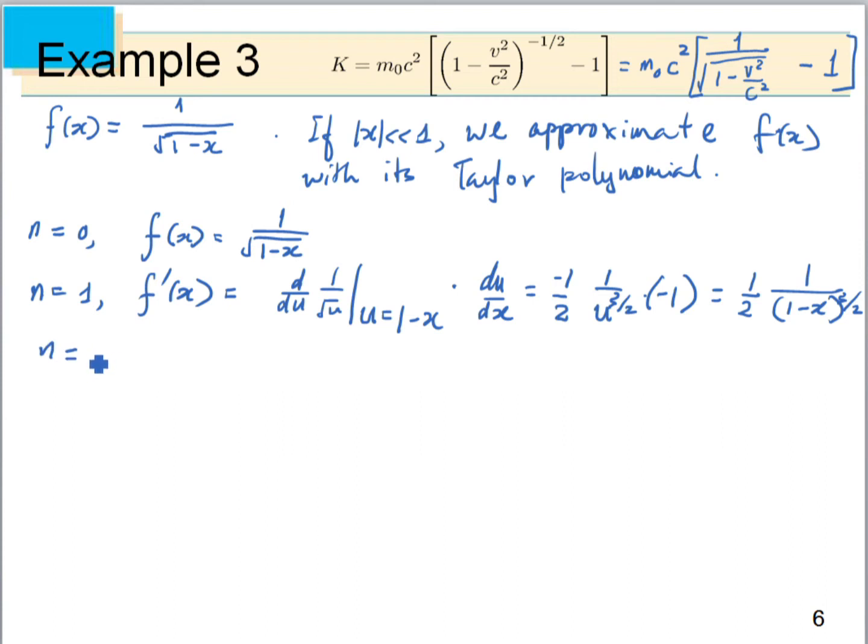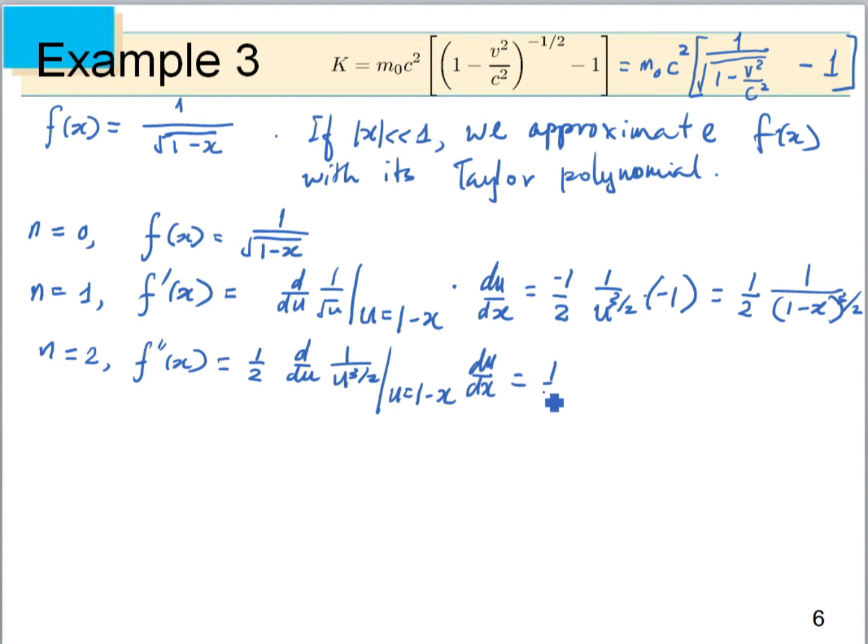接下来 n 等于 2，我要取 f 的第二次微分, so I need the second derivative of f. So I need to differentiate this one. Now I already have a 1/2 in front, and I'm going to use the chain rule again, but this time the chain rule applies to d du of 1 over u to the power of 3 over 2. Alright, 所以现在是 u 的 3/2 次方分之一的微分，但是不要忘了 u 还是取代 1 minus x，所以接下来还要乘上 du dx.